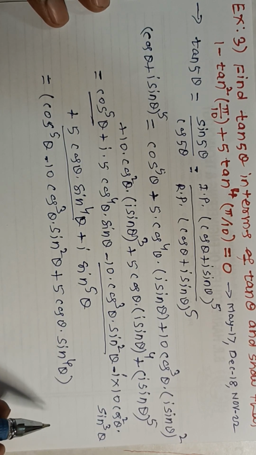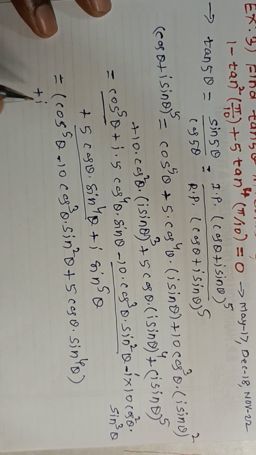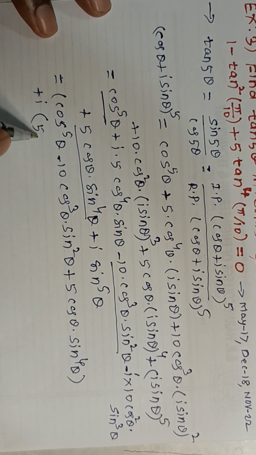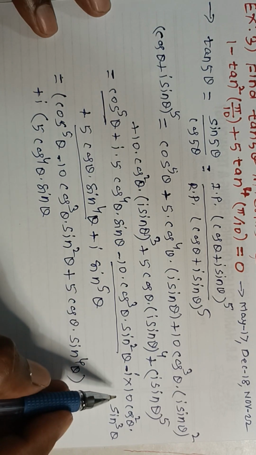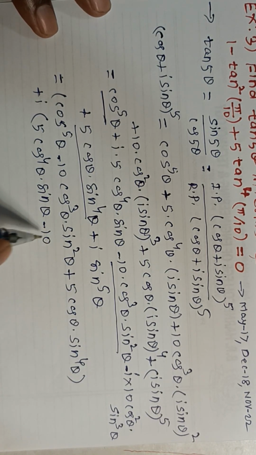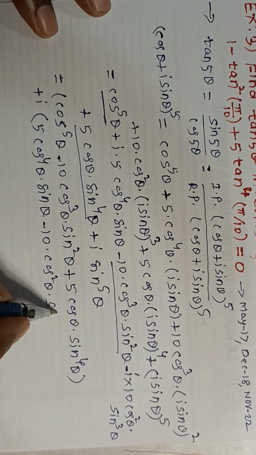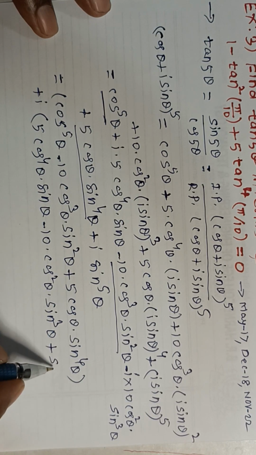Okay, this is the real part. Then we collect the imaginary part: plus i into 5 times fourth power of cos theta into sin theta, then minus 10 times cos square theta into sin cube theta, plus fifth power of sin theta.